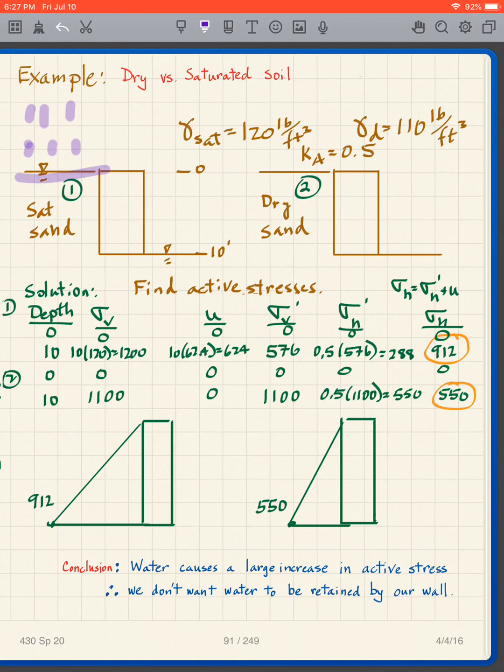It fills up the region behind the wall, or it can fill up the region behind the wall. And if it does that, then we end up with saturated soil behind the wall, and we end up with a much greater earth pressure. And if the wall hasn't been properly designed for that earth pressure, the wall can fail. So we don't want that.